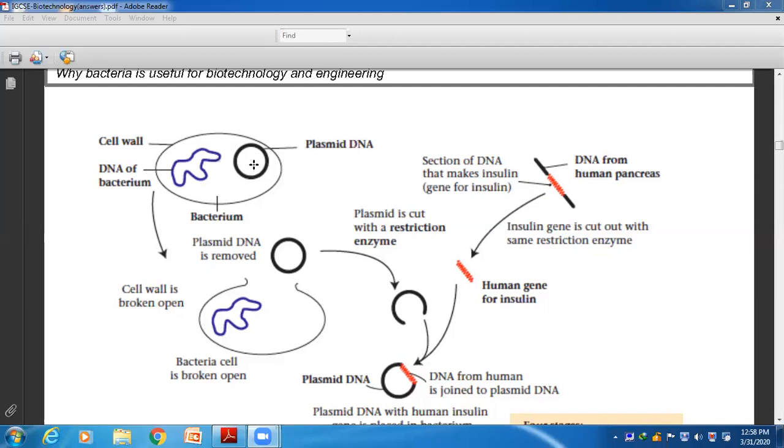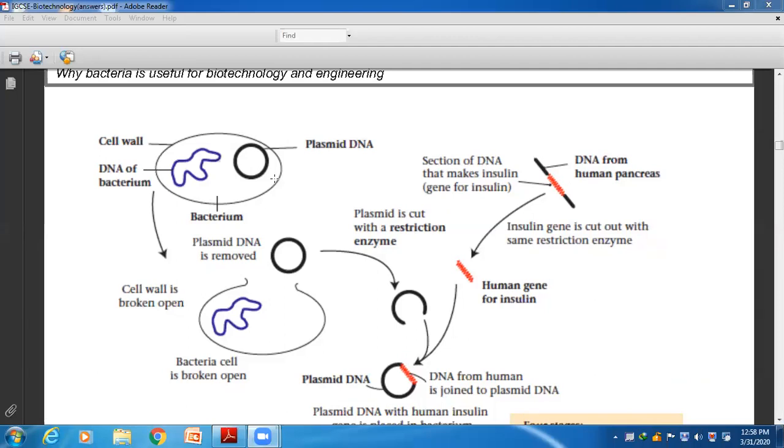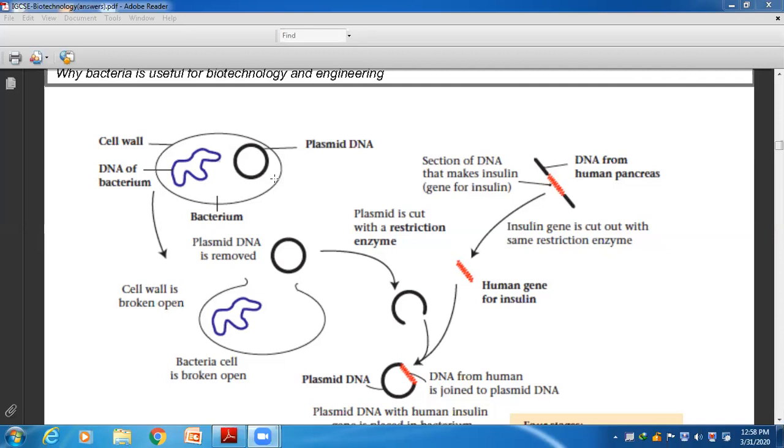That plasmid I will also cut with BamHI so that it produces the same sticky ends, so that both are complementary to each other, and so that my gene of interest ligates with the plasmid easily.